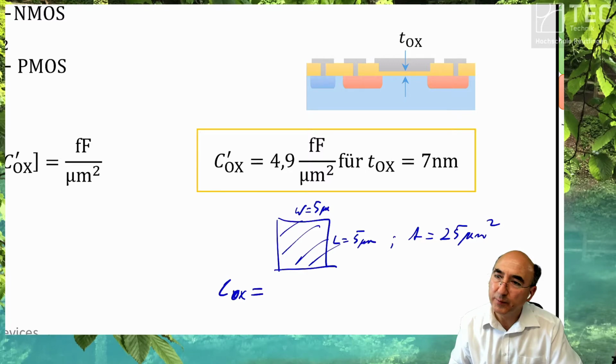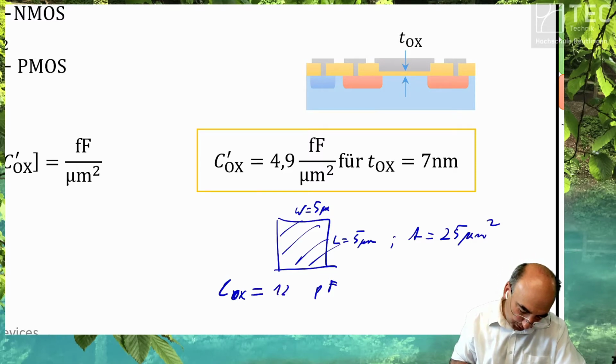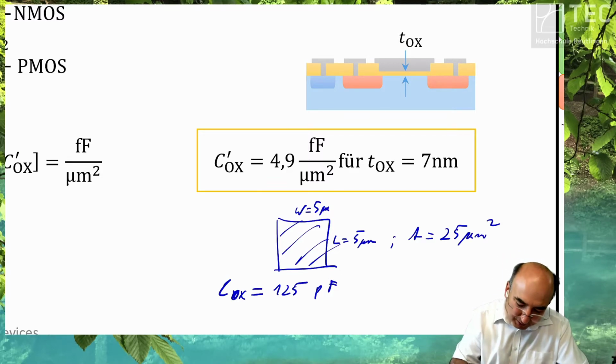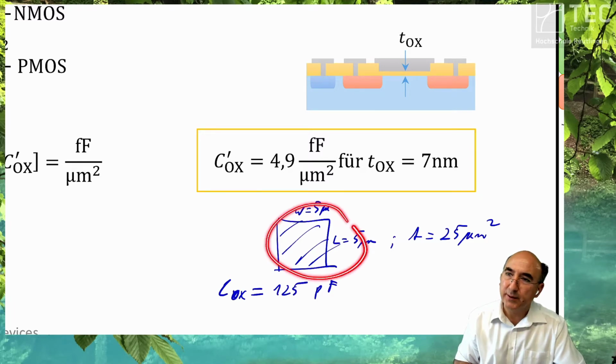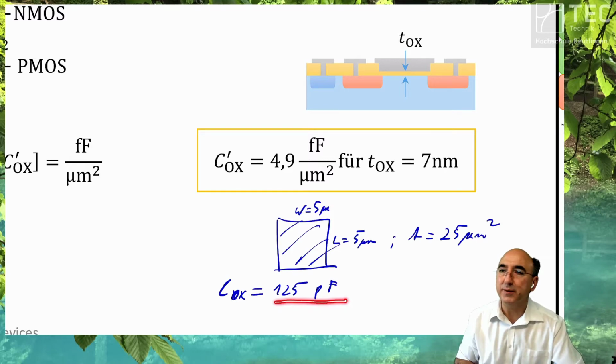How much again? What is the value again? 120. Okay, 125 picofarad. So this small area generates 125 picofarad. That's a large value for signals.